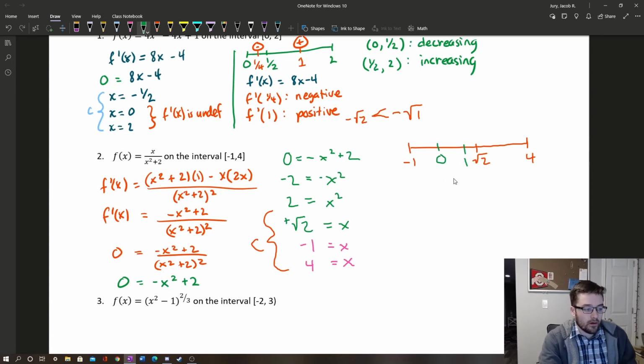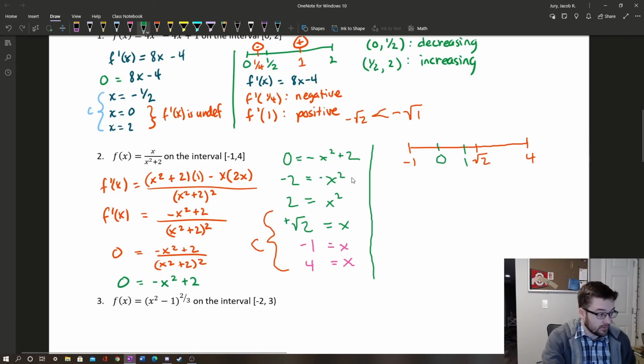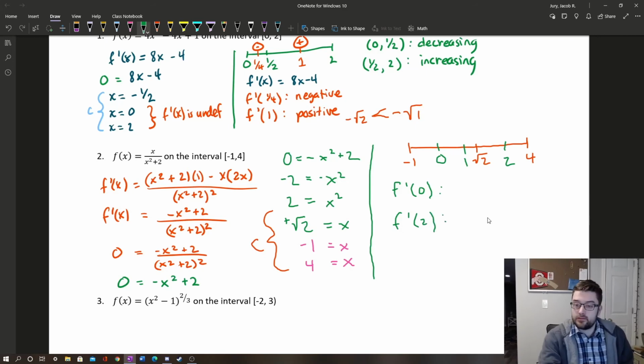So our test for these with these critical numbers is going to go like this. We'll choose 0. So what's f prime of 0? Is that going to be positive or negative? And then we know that radical 2 is somewhere in here. Radical 2 is not equal to 2, so we know it's less than that. And f prime of 2, is that going to be positive or negative?